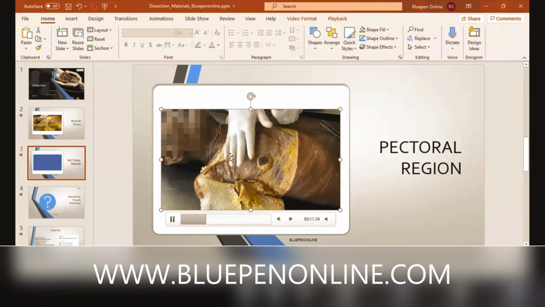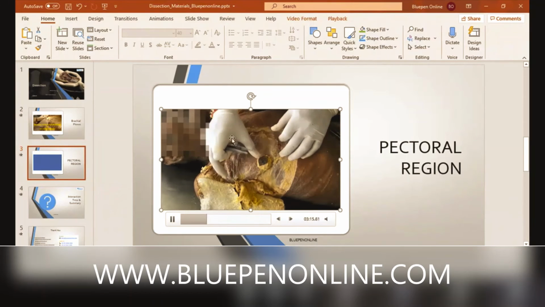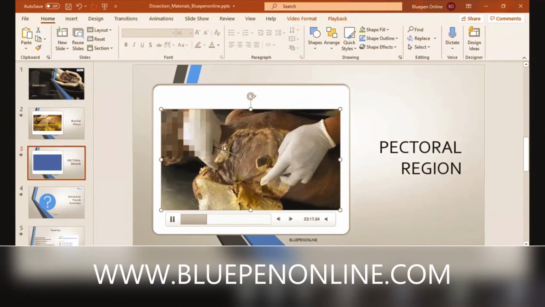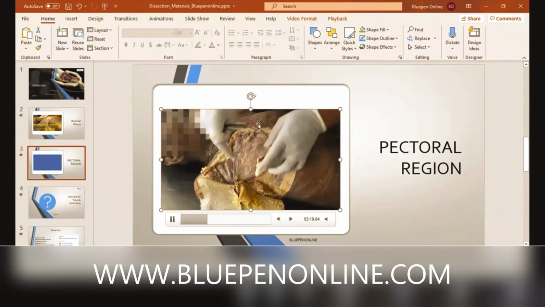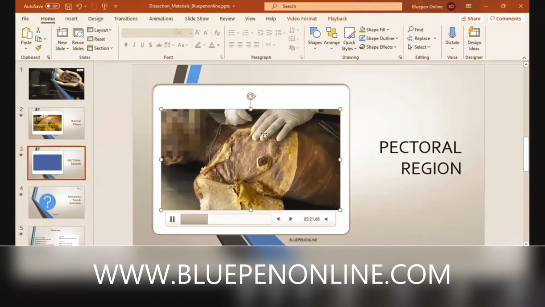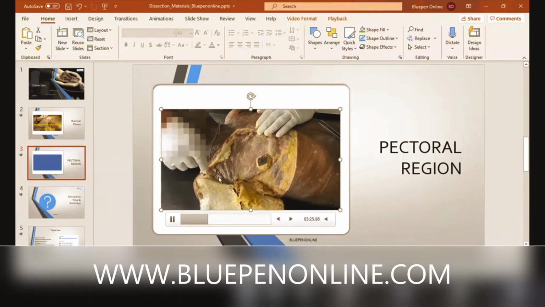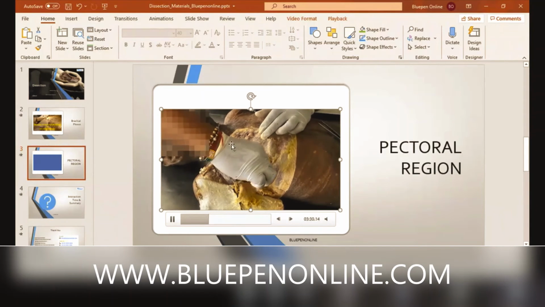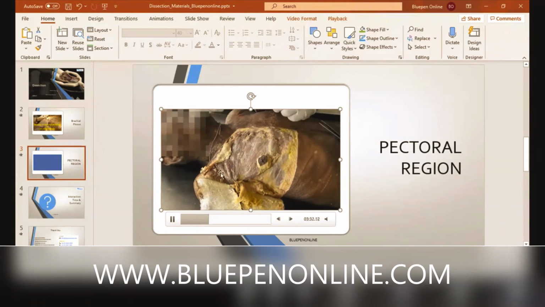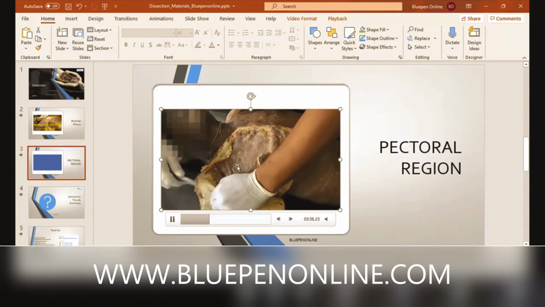As you know, what is the origin of pectoralis major? The clavicular head, from the clavicle, and the sternocostal head, from the costal cartilage. See this one, the upper border and the lower border of the pectoralis major.